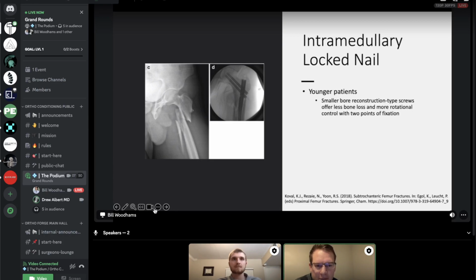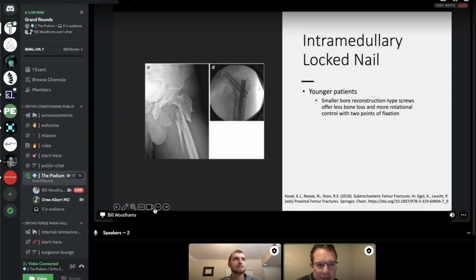So the benefit is with the smaller screws that are spaced, like you said, rotational control, as well as your screw taking up less bone stock in the femoral head. So that's why it's theoretically maybe better for younger patients versus one large cephalomedullary screw that has a wider diameter and takes more bone. And is that better in the long run because they're a younger patient? I think that's the theory behind it.